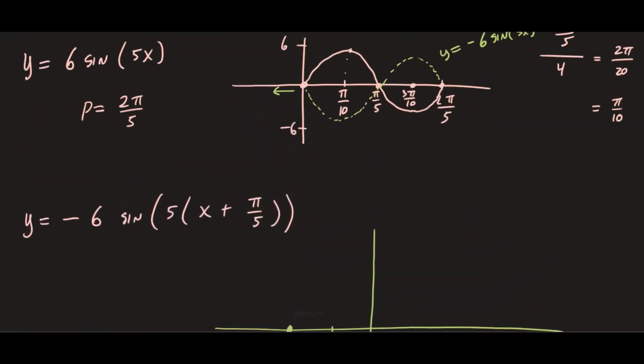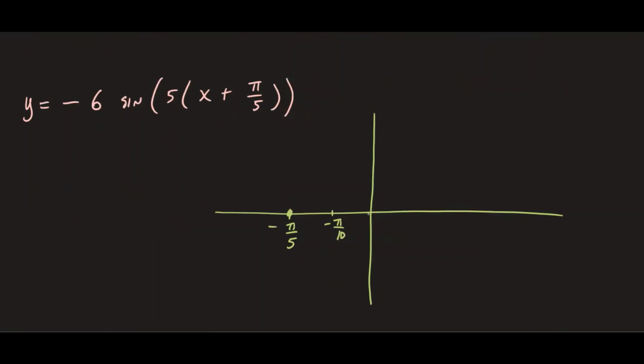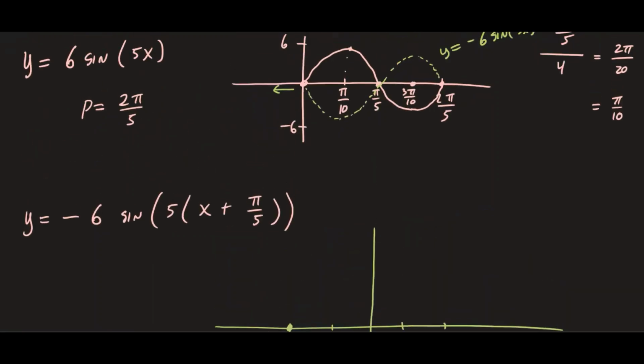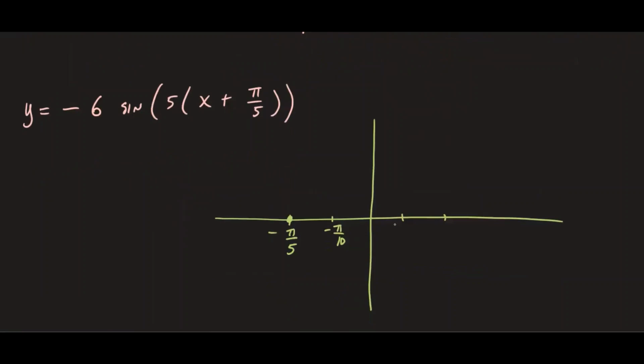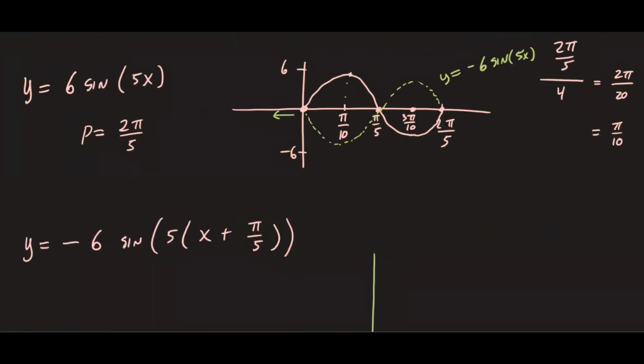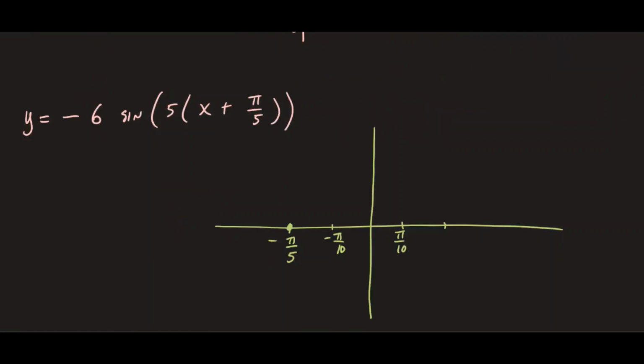And then pi over 5 minus pi over 5, that's going to be shifted to 0. And then we need 2 more points. So we have 3 pi over 10, which will get shifted to pi over 10. And then the last one, 2 pi over 5, shifted left pi over 5 units. This will be pi over 5.